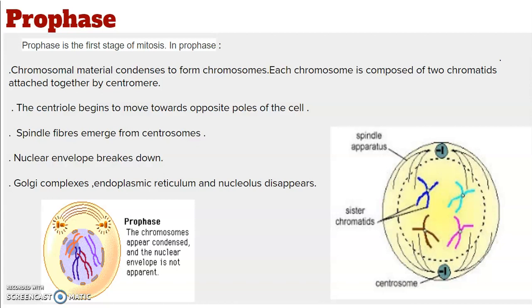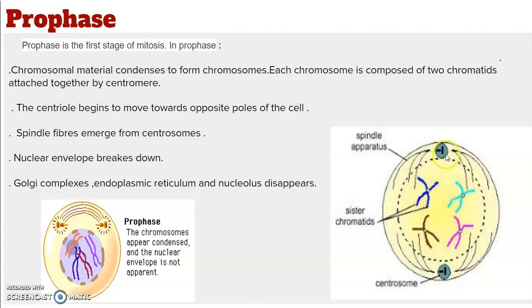Here children, let's quickly learn by heart the events taking place during prophase. One more time. The most important point, the first thing: the chromosomal material undergoes condensation and each chromosome becomes clearly visible. Each chromosome consists of two chromatids held together by the centromere.